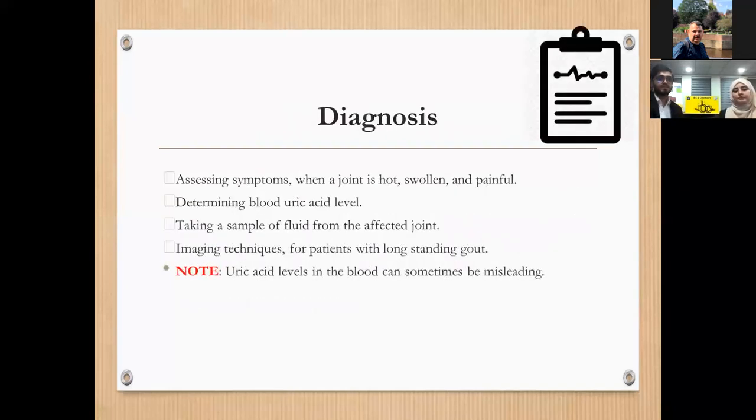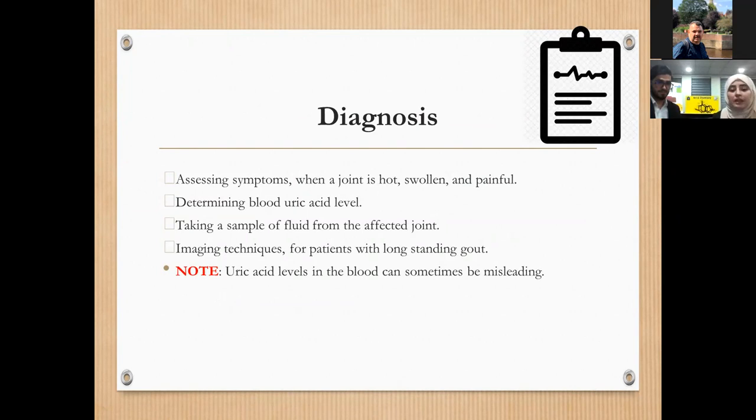Then diagnosis. Ruwaida, could you please tell us how we could diagnose it? Yes. We can diagnose gout by physical examination and some laboratory tests. By physical examination, we will see the joint is hot, swollen, and painful.